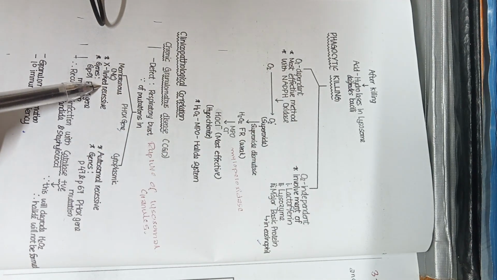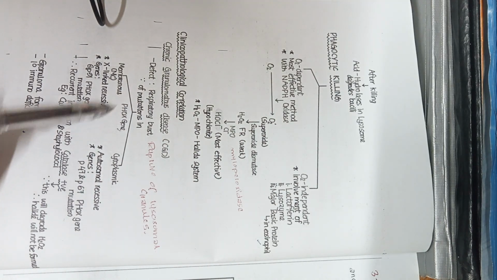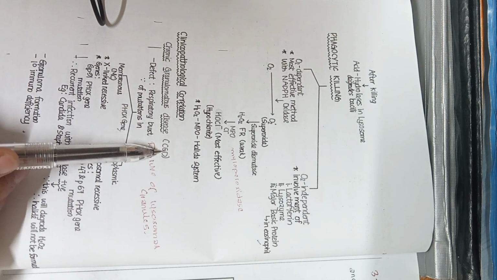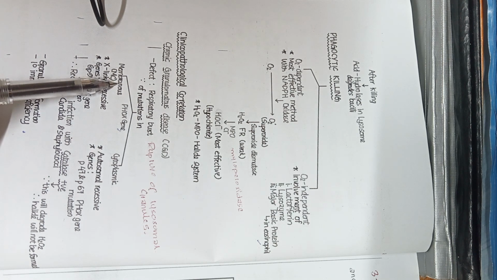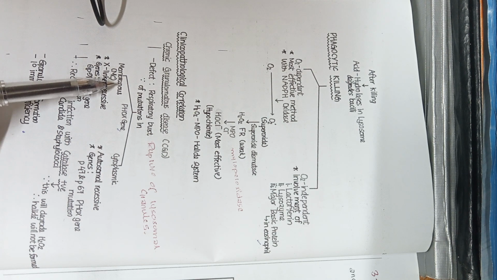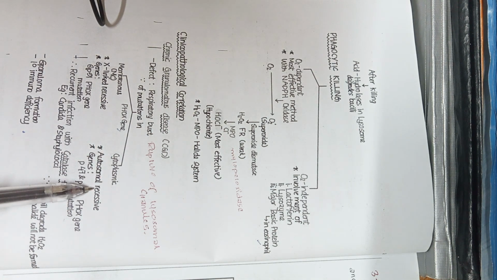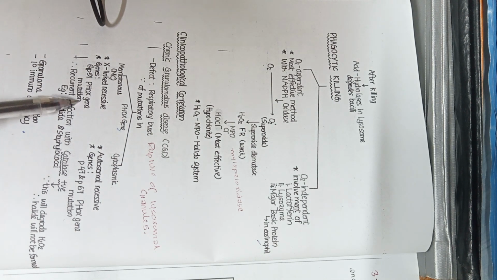Membranous is X-linked recessive, cytoplasmic is autosomal recessive. Genes responsible here are gp91 FOX gene mutation, and here p47 and p67 FOX gene mutation.